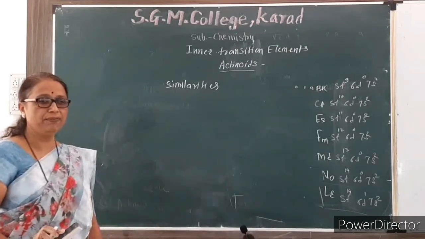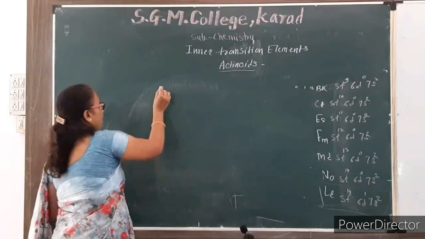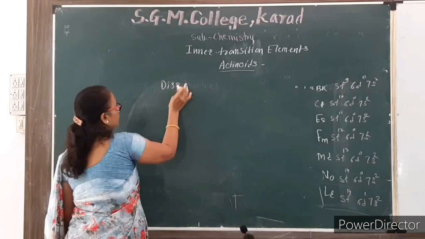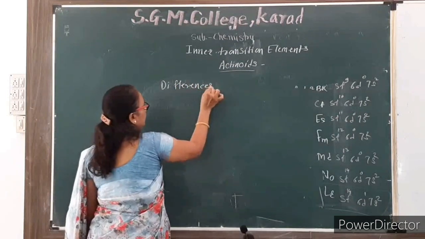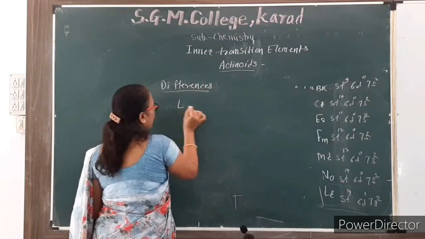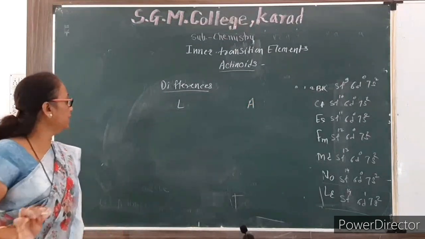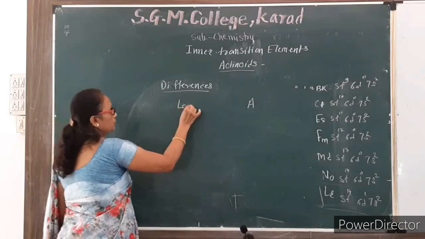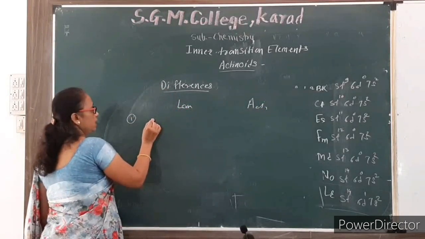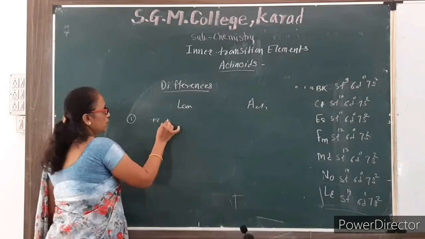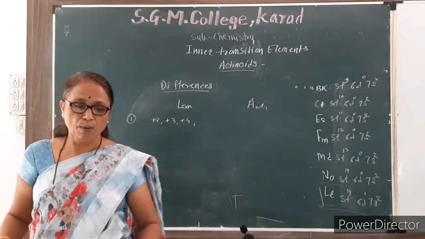Then the differences, or dissimilarities, between the lanthanoids and the actinoids. In lanthanoids the +3 oxidation state is common, but mostly +2, +3, +4 oxidation states are possible.